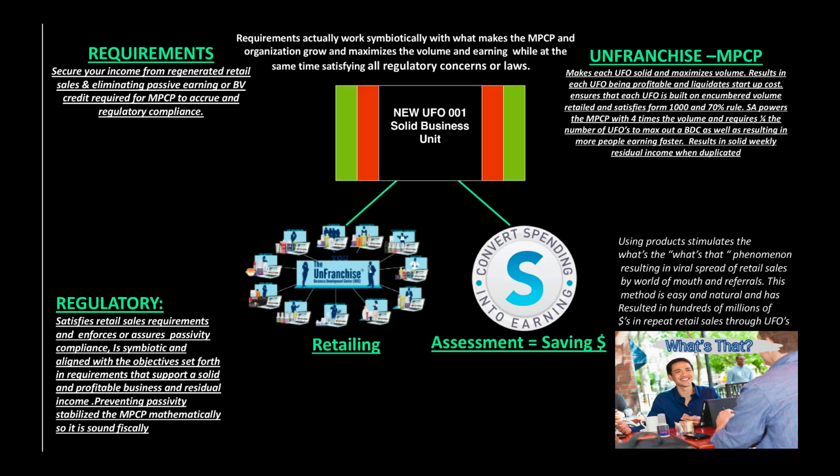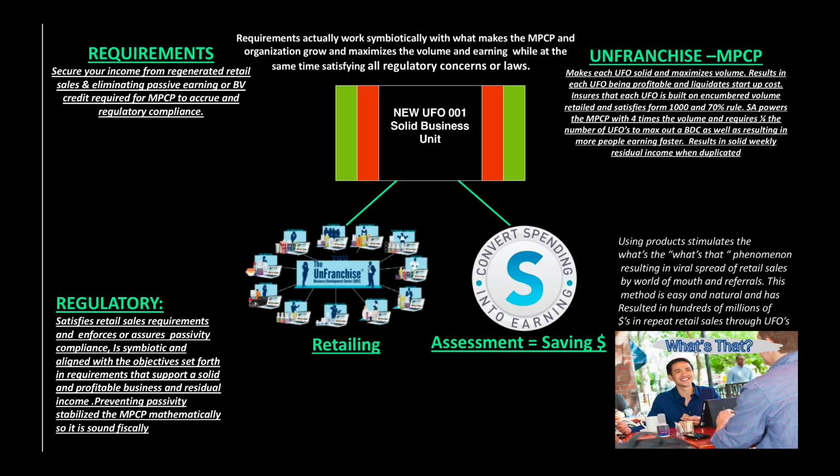So the requirements all work to strengthen your business, to increase your income, to reinforce behaviors that have the law of increasing returns behind them. The regulatory picture matches it perfectly. So by doing the right thing for building the business, we're also doing the right thing regulatorily.